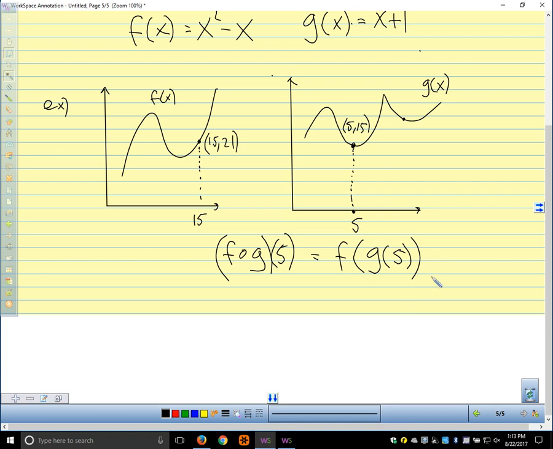Well, what's g of 5? 15. And what's f of 15? 21. So when you get a couple of graphs of f and g, don't be intimidated. It's okay.